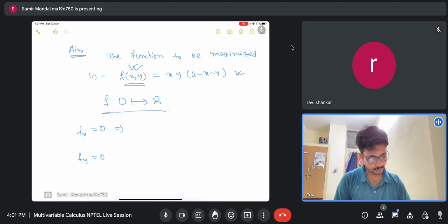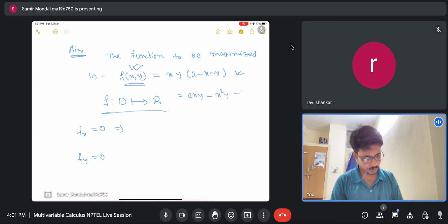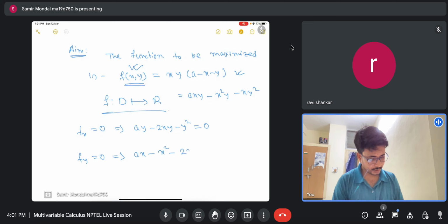Please tell me what we will get. f is nothing but axy minus x square y minus xy square. So for x we get ay minus 2xy minus y square equal to 0. Here we will get ax minus x square minus 2xy. Is it or not?